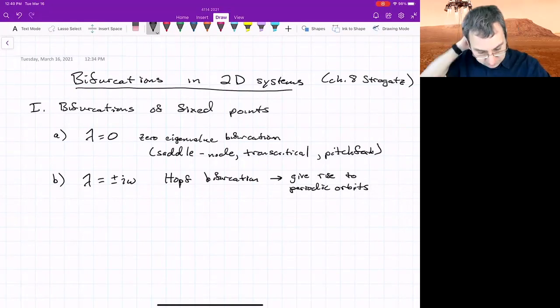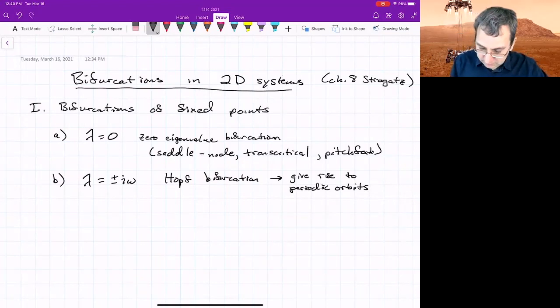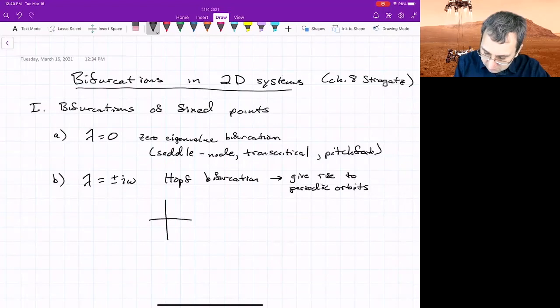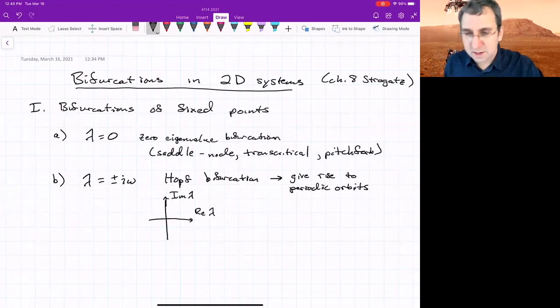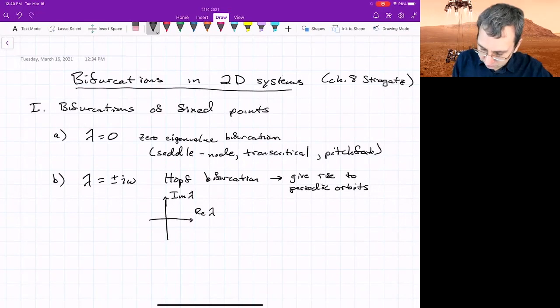So just to give you an idea, at least about the second one, if we look at the plane of the eigenvalues, so here's the imaginary and real axes of the complex plane where eigenvalues are. I'll often use little x's for the eigenvalues.